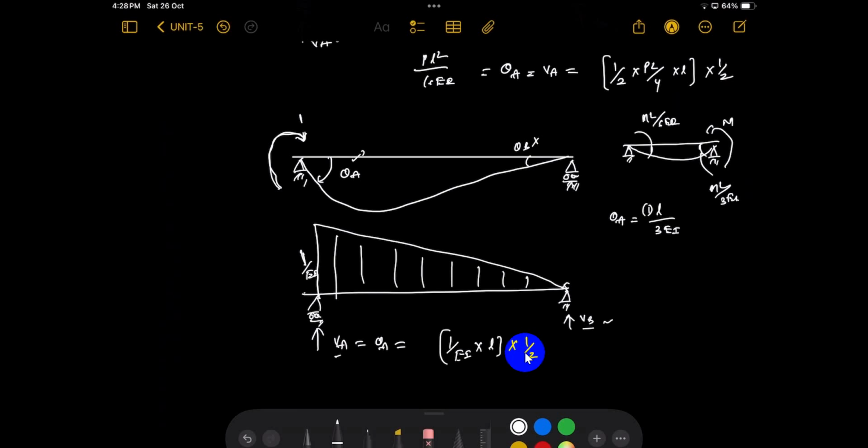Exactly 2/3 portion will come to VA, 1/3 portion will come to VB, since you know the centroidal distances are 2/3 L and 1/3 L. So 2/3 of that gives L by 3. Understood?